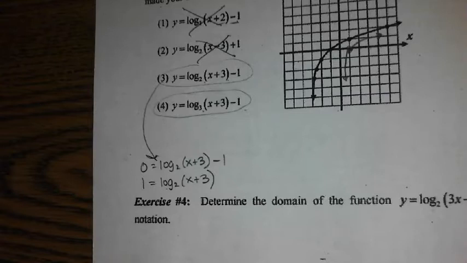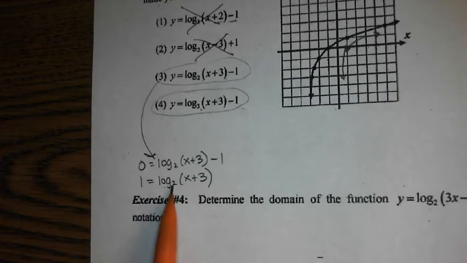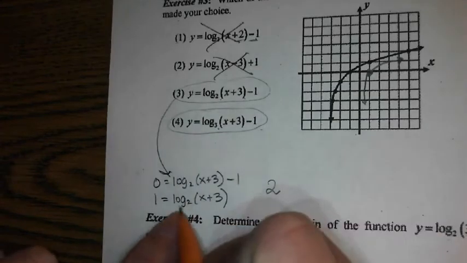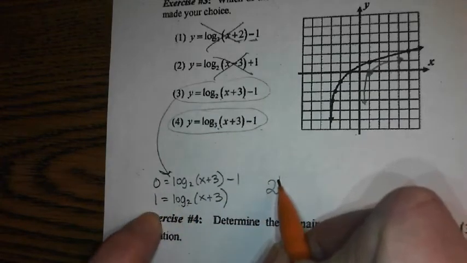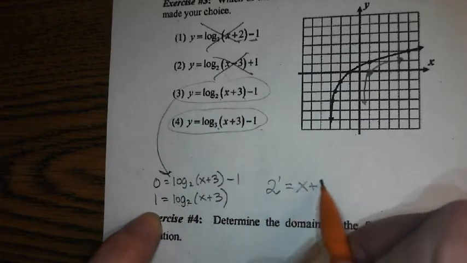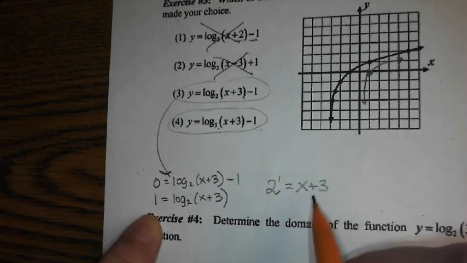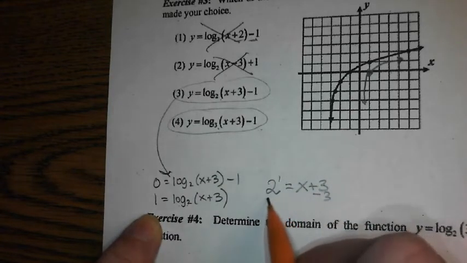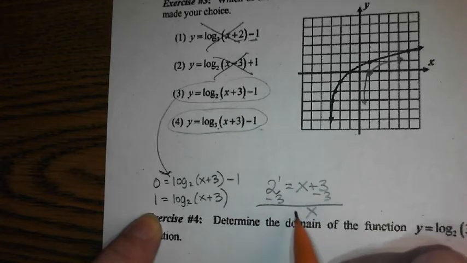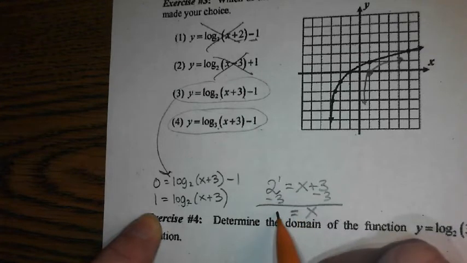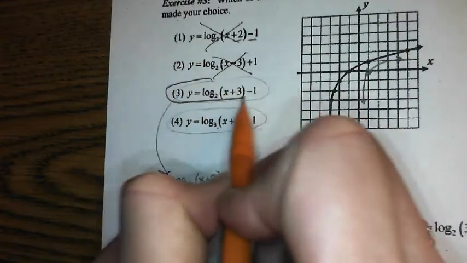And then I would have to translate. The base of 2 raised to the other side, which would be to the first power, equals x plus 3. And when I solve for x and subtract 3 from both sides, what's my x-intercept? -1. So I like that one.